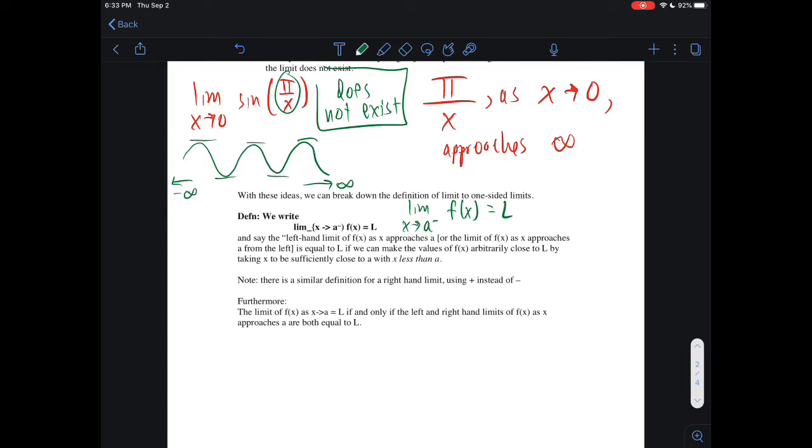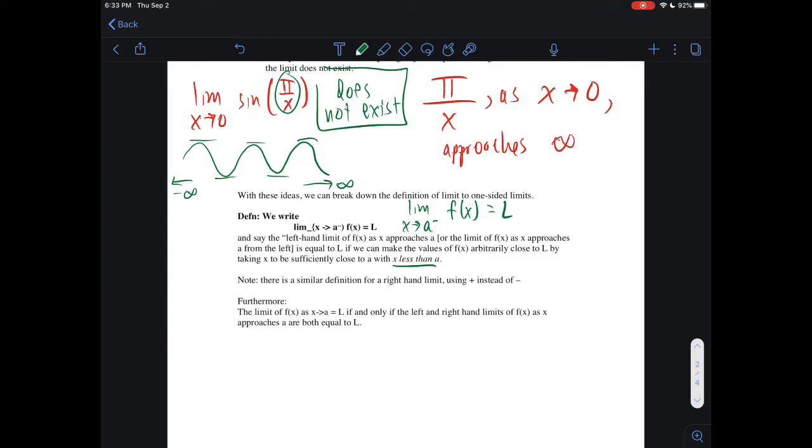This limit is equal to capital L, some actual number, if we can make the values of f of x arbitrarily close to L by taking x to be sufficiently close to a with, and this is important, x less than a. So we're taking values of x that are below the value of a.